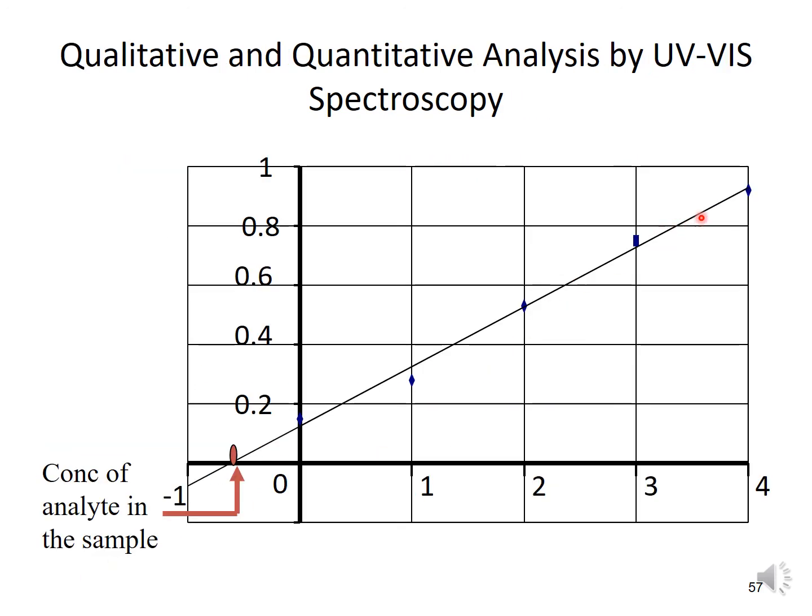So in this case, this is the calibration curve from the standard addition method. Here you can see just extrapolate your curve until here. So you can simply determine the concentration of your analyte by ignoring the negative signal.